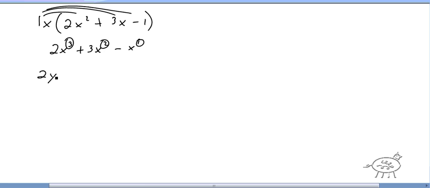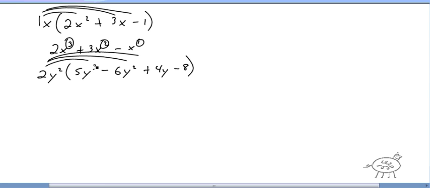If I said 2y squared times 5y cubed minus 6y squared plus 4y minus 8. I'm going to distribute that 2y squared to every term, so you're going to distribute it to all 4 terms.